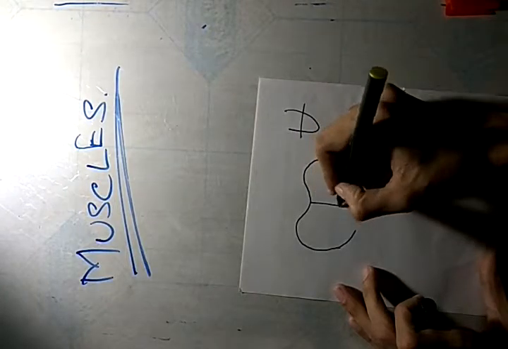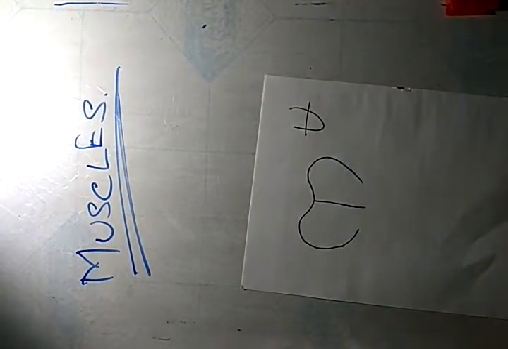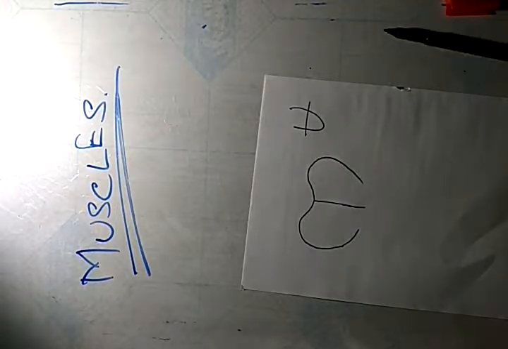Now this is our median furrow. So what muscles do we observe over here? What are the muscles of our intrinsic muscles group? Now we have vertical muscle and a transverse muscle.